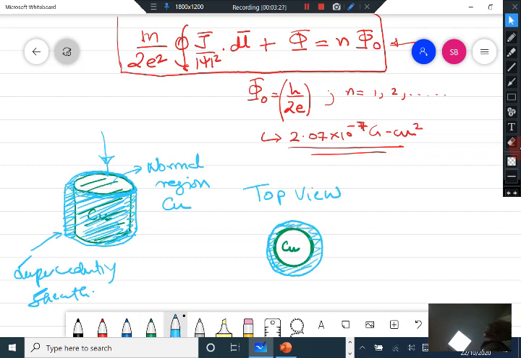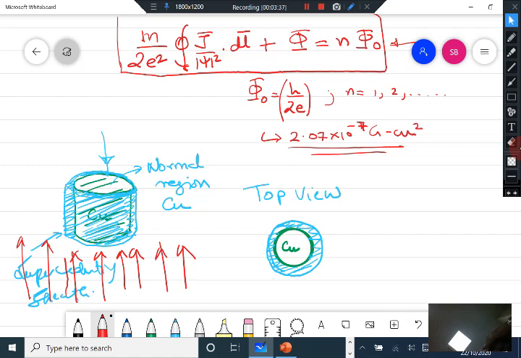Okay, now if I immerse it in a magnetic field, if I apply a magnetic field to this structure, then of course the magnetic field will avoid the superconducting regions. But what about the magnetic field which encounters the normal region? In this normal region, the magnetic field will pass through.